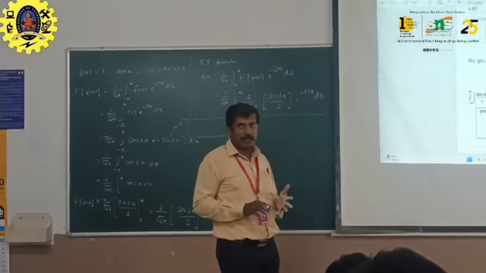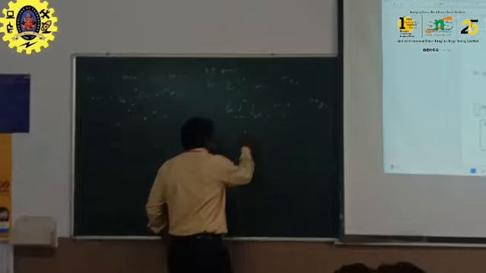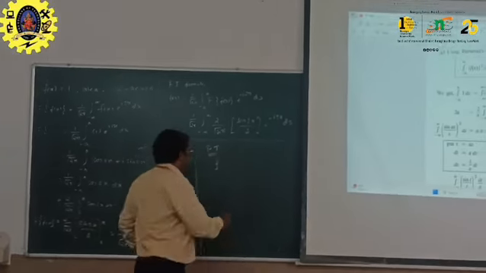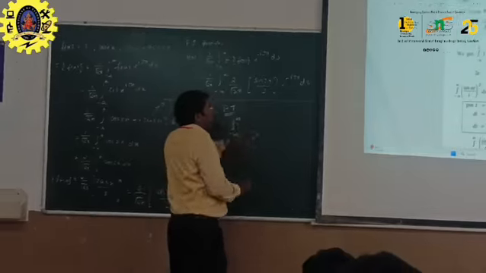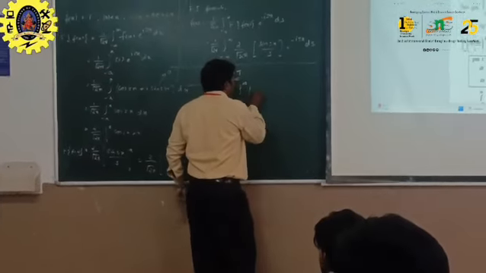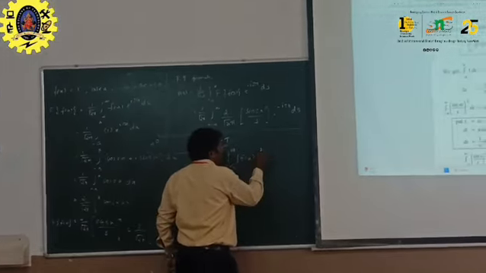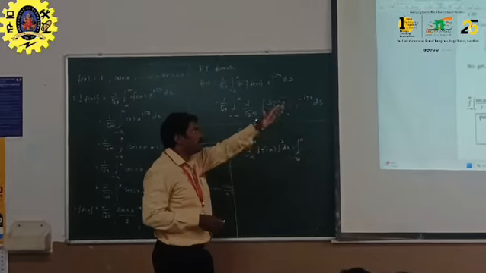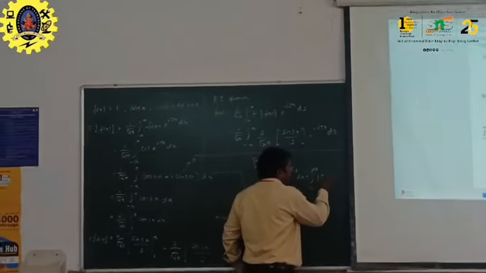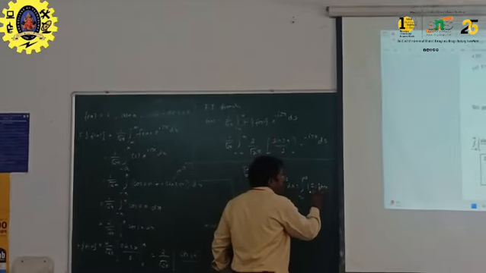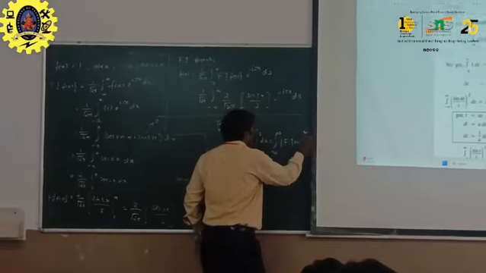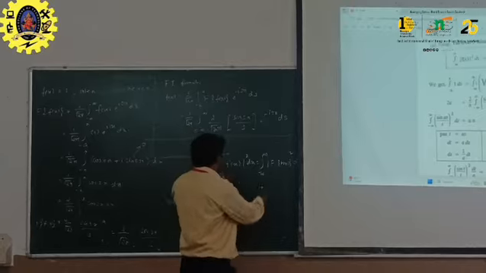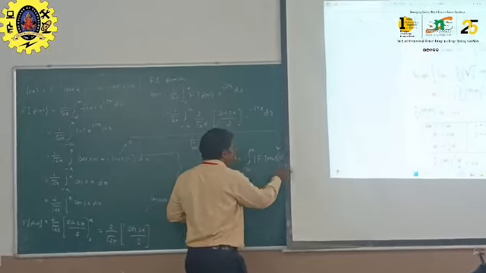What is the formula first of all? Parseval's formula. On both sides we have integration from minus infinity to plus infinity. On the left side it is mod f of x square dx, equal to the integral from minus infinity to plus infinity of the Fourier transform of f of x square ds.